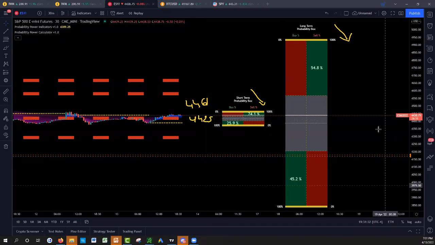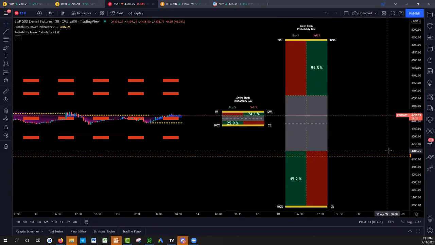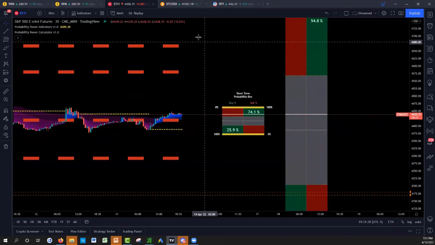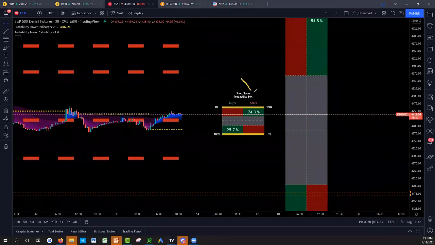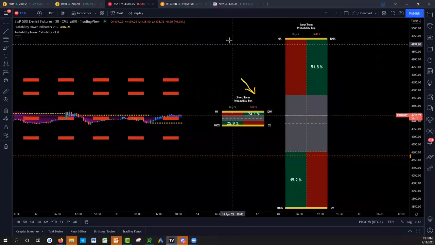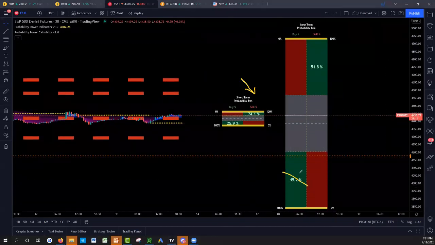Now, a good question has been, Mark, what do you do when the probability differs, meaning that the short term says 73% here, down, but then you would look here, and instead of a 45, let's scratch this, let's make a hypothetical scenario that this is 70%. What to do?